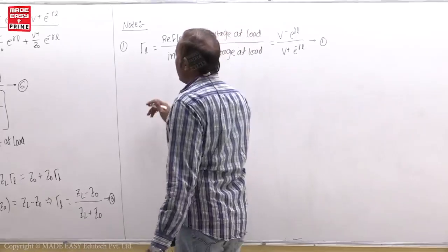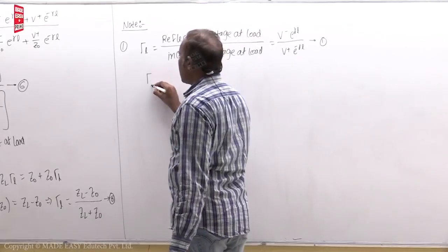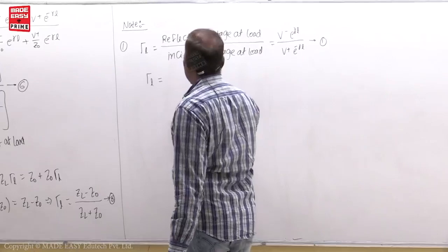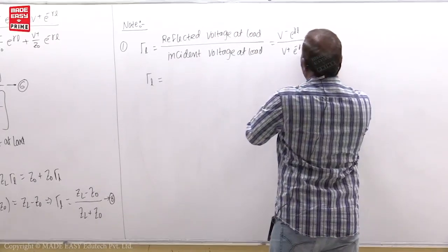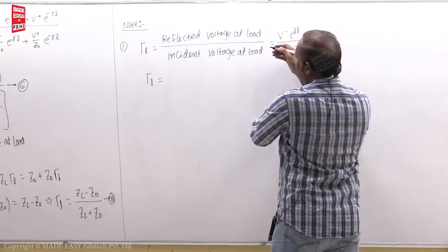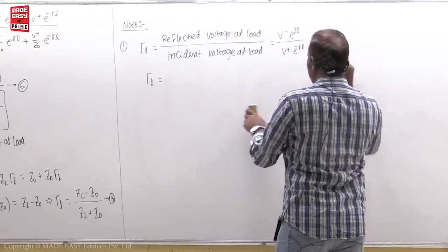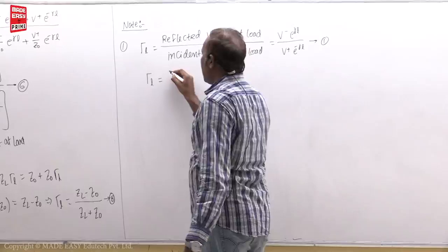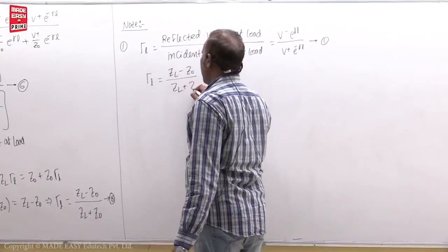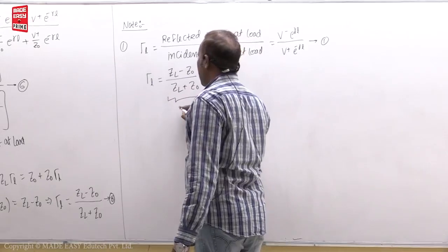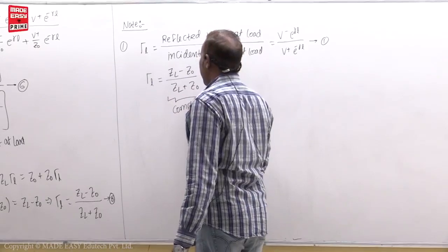Now after doing the derivation, we got this, gamma L is equal to, so it is also written like this, students. Simply V reflected divided by V incident. So anyway, this is equation number 1. So gamma L is equal to ZL minus Z0 divided by ZL plus Z0. In general, this one is complex.